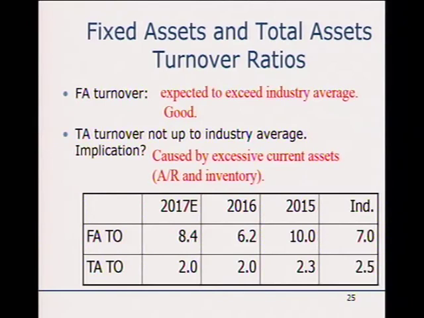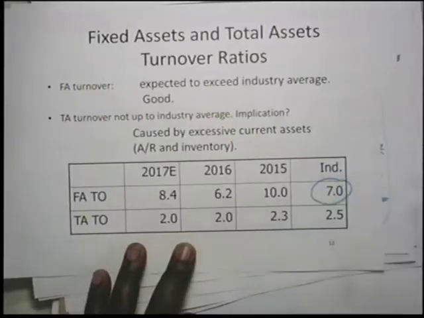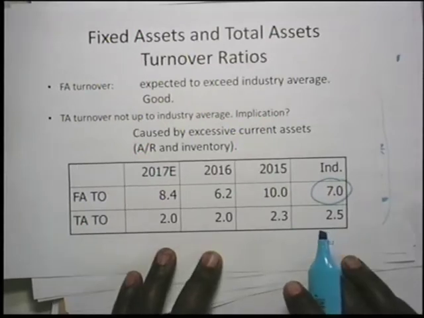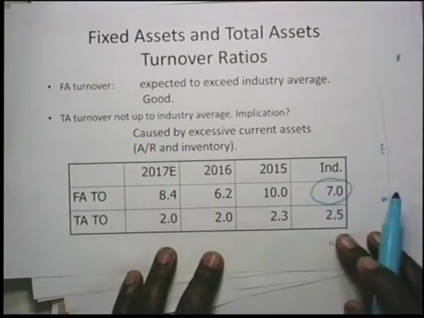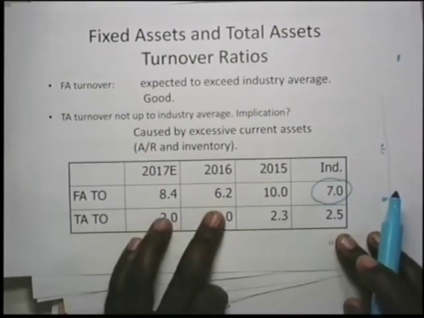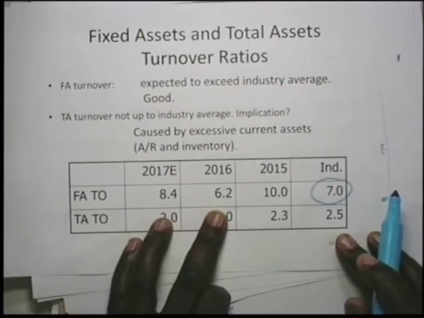When you are looking at the fixed assets turnover ratio, the industry average is 7. You can see it here. Ours is 10 in 2015. In 2016, it was 6.2.